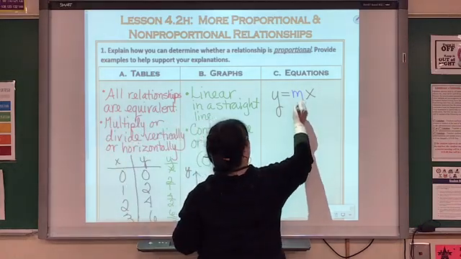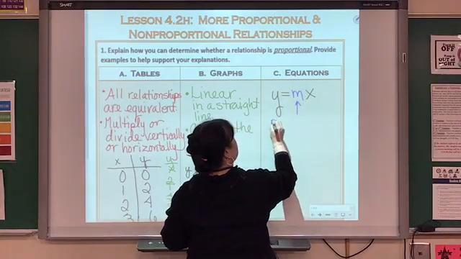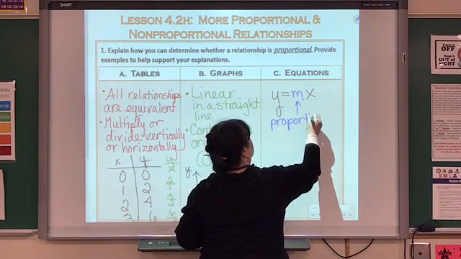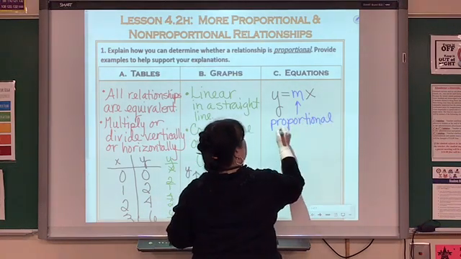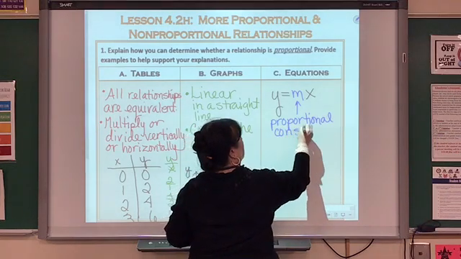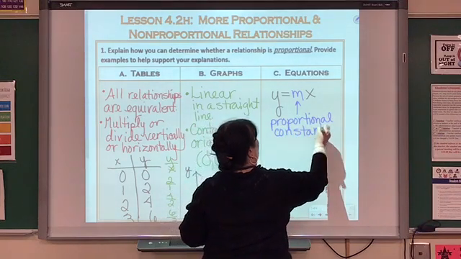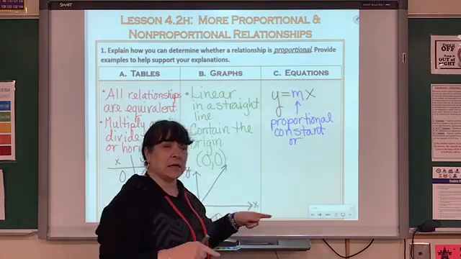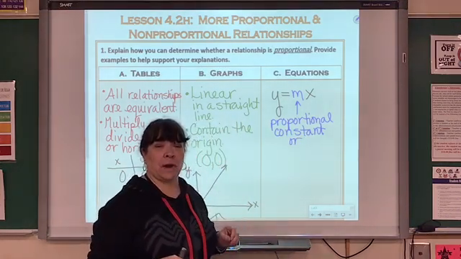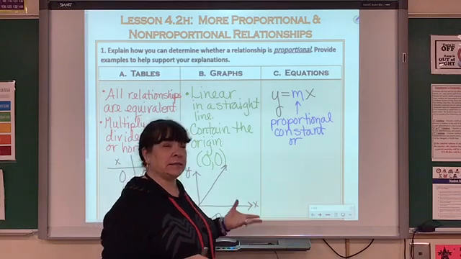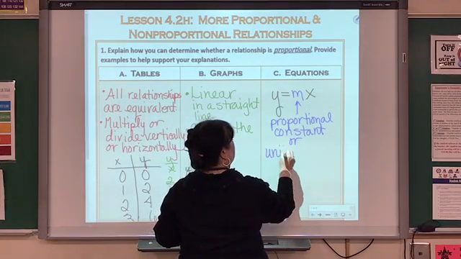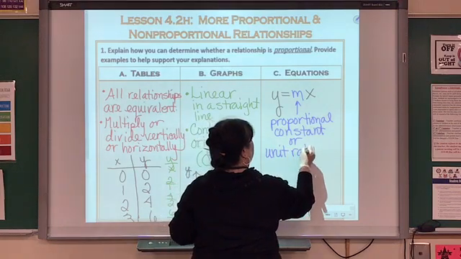What that number is, is the proportional constant. Or that number is also the unit rate if we have context. So with context, it would be the unit rate value.